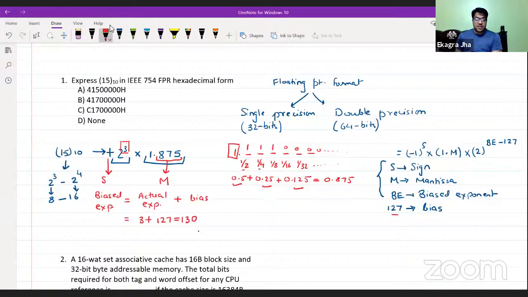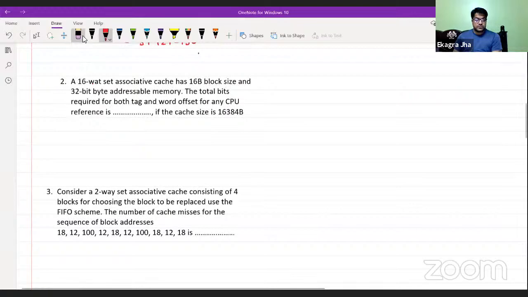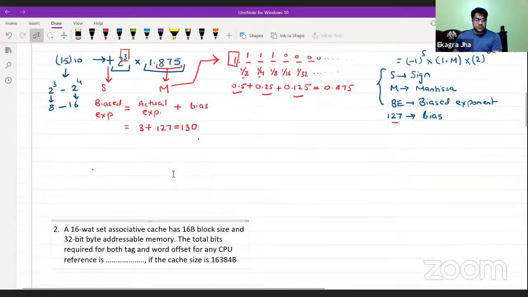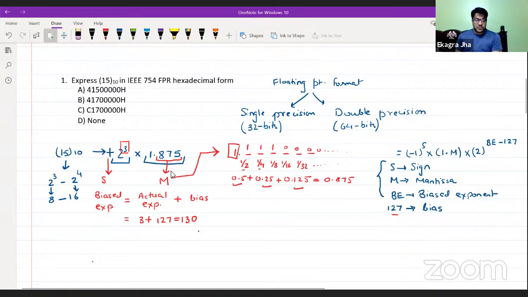So this is going to be the mantissa. If we write all the values into the given format, it becomes minus 1 to the power of the sign, multiplied by 1 point m, the mantissa, multiplied by 2 to the power of the biased exponent, which is 130 minus 127.